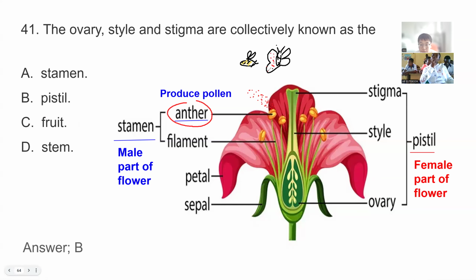They can carry it to another flower. As they travel, they might end up sticking the pollen to the stigma. So stigma is this area, the female part.